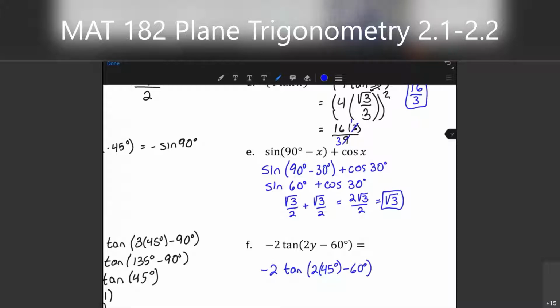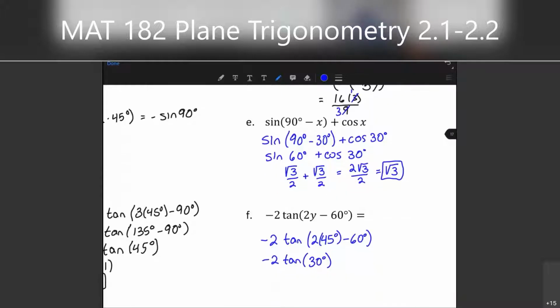If I simplify there in the tangent, what's the new angle going to be sitting inside there? That would be 30 degrees. That's correct. We have 30 degrees.